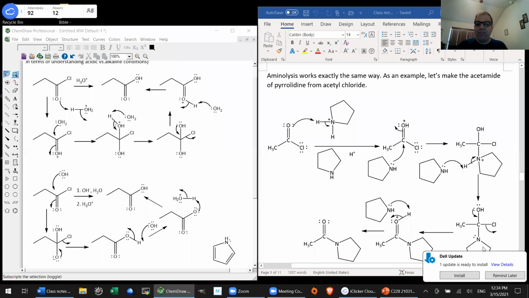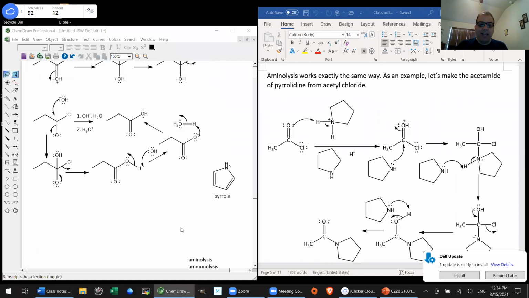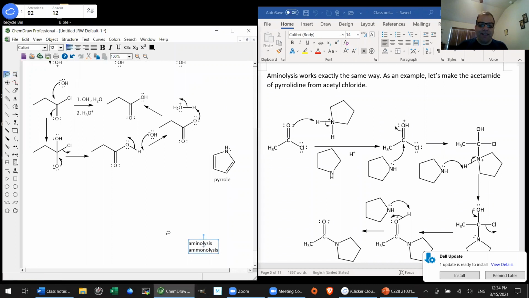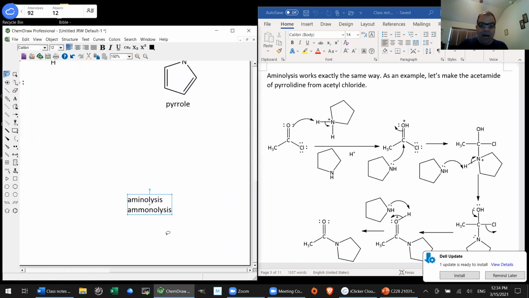Well, can you do the same thing with amines? Can you do an aminolysis of an acid chloride? And I should mention aminolysis, the spelling on top is the one I've always used. Your book uses this other spelling. Both are correct. Lysis was to break apart, or loosen. I believe that comes from the Greek.